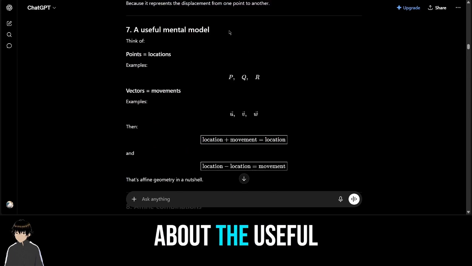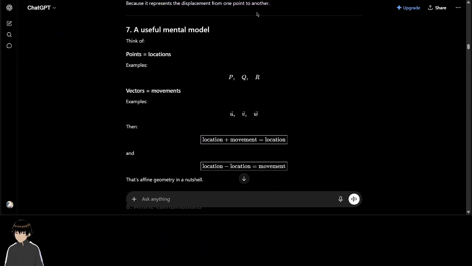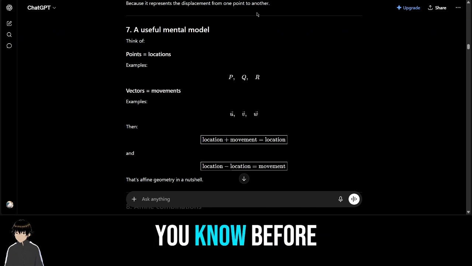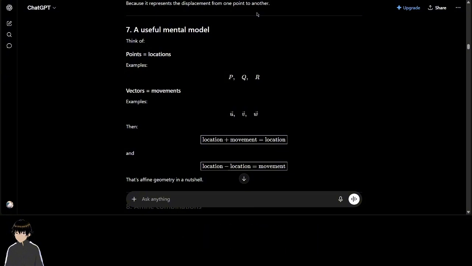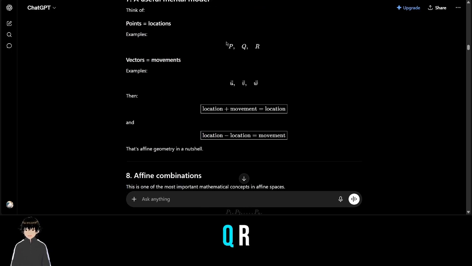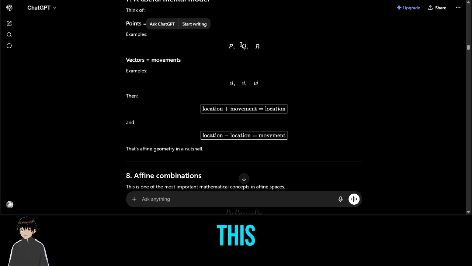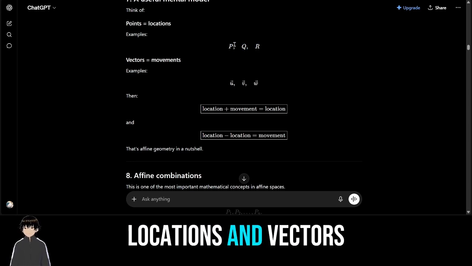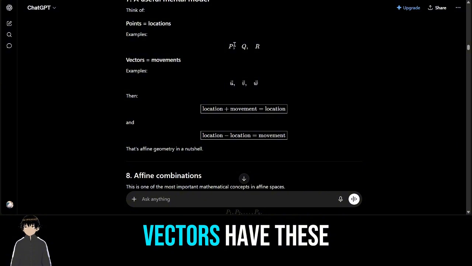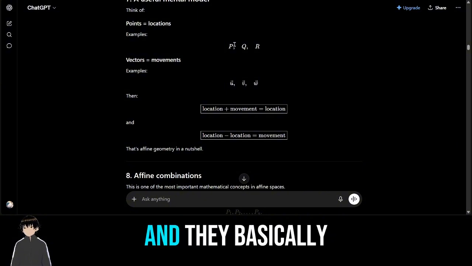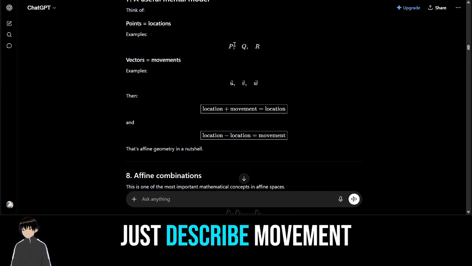So now we can think about the useful mental models that we can use to think about affine spaces. Before that: P, Q, R. These are locations. Whatever variable you see like this, these are locations. And vectors have these arrows on them, and they basically just describe movement.